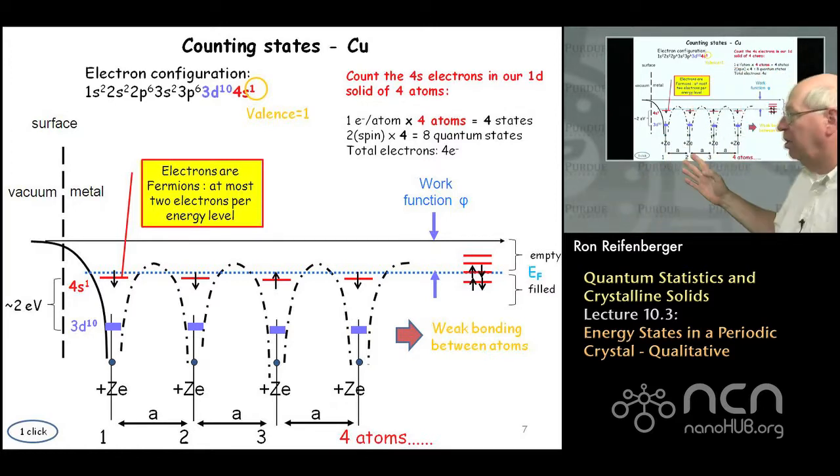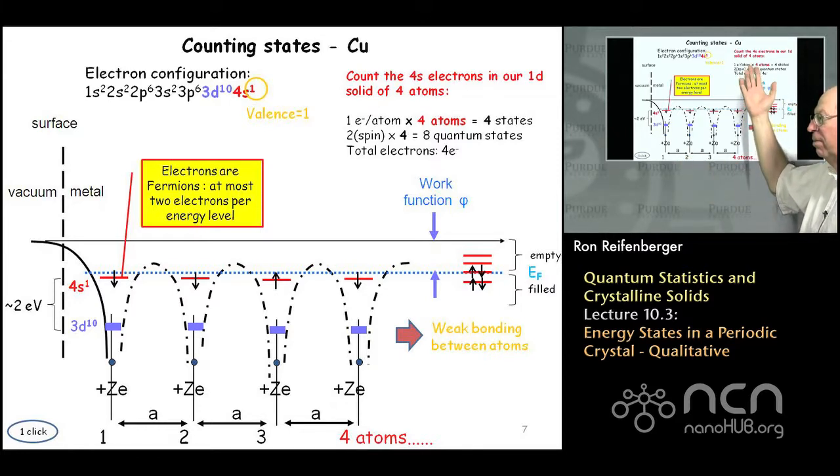You can extend the argument to n number of atoms. The only difference is you're going to replace 4 atoms by some number n, which is going to be a large value, right? And what you can convince yourself is that this energy band that forms from these 4s electrons when the copper atoms are brought together is only half filled, right? Electrons only fill the bottom half of the band. The upper half of the band remains empty.